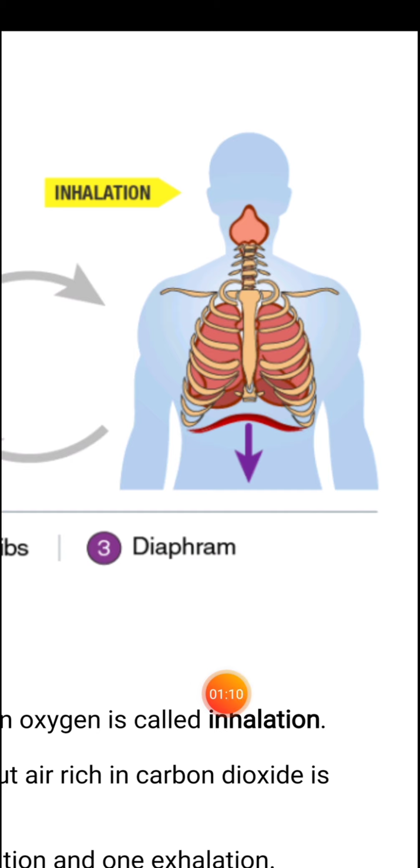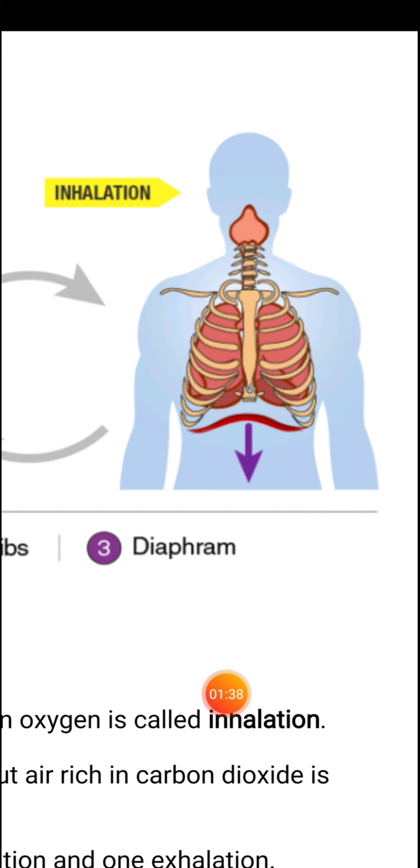The rib cage will expand and the diaphragm will also expand. When this happens inside the thoracic area, it creates a pressure gradient so that the air from outside comes into the lungs, and that process is known as inhalation.